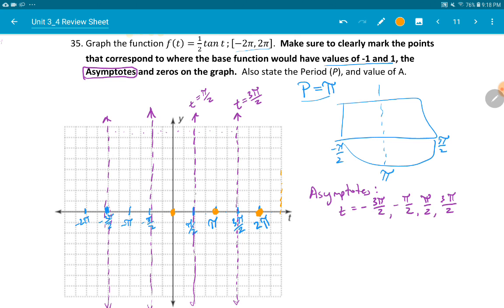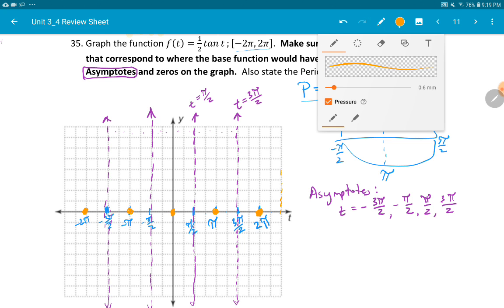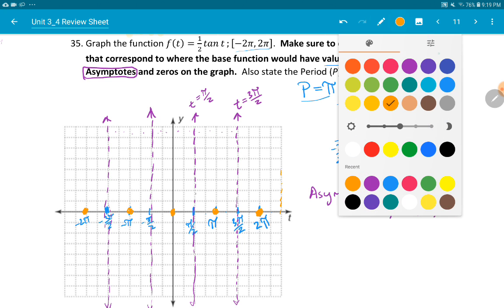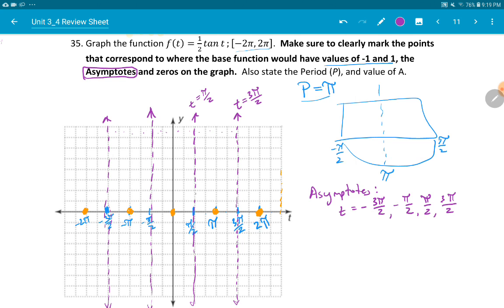We can draw it in and just erase it. I just want to make sure my final answer doesn't have it because the directions say to only go from negative 2 pi to 2 pi. So I'm going to sketch that in there lightly and then erase it, just to get some symmetry to the graph.